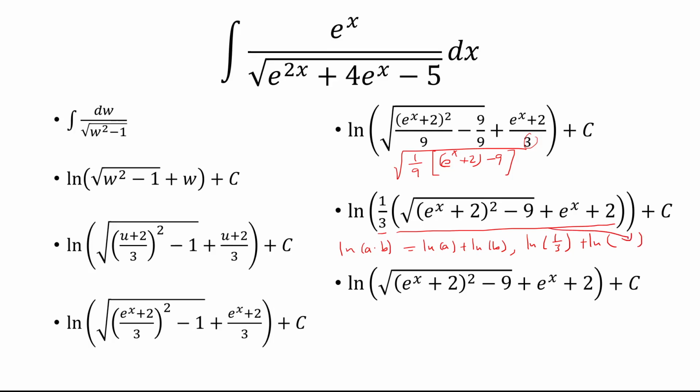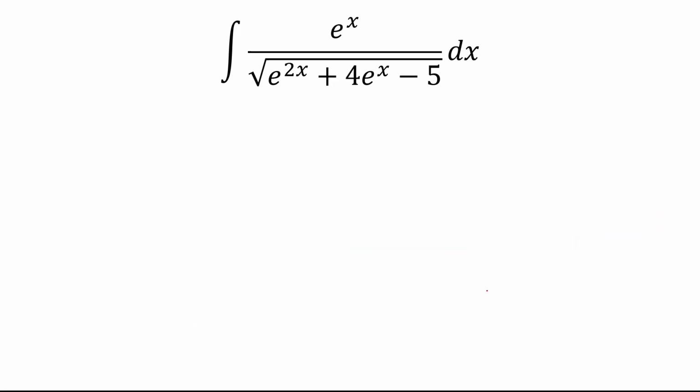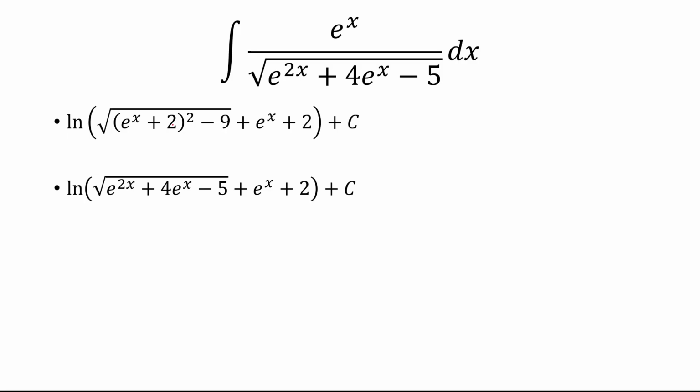Ln of 1/3 is just a constant, so we just call it a constant, we don't really care what that is. So then we're just left with ln of this whole quantity. Okay, finally we can distribute or expand the e to the x plus 2 quantity squared into this, and this is our final answer.